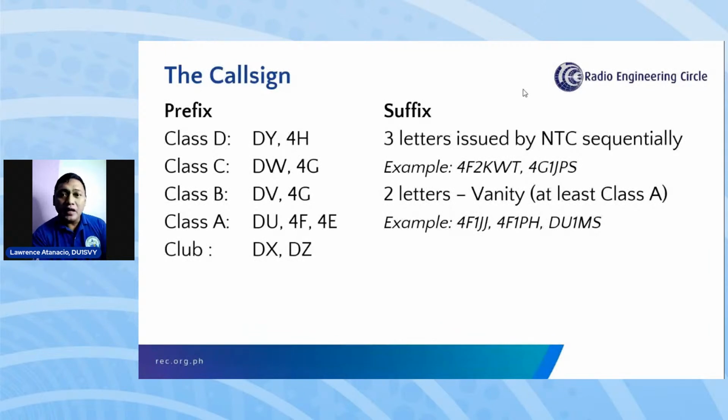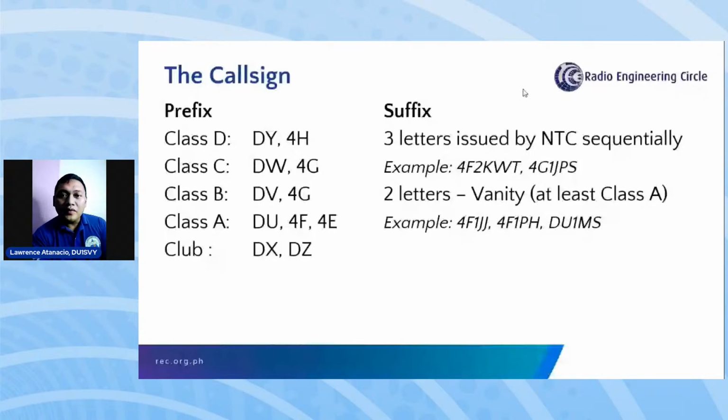But kailangan po mag-apply ka for license kasi nakapasa ka pa lang ng exam. So, kailangan mo mag-file ng license, no, para magkaroon ka ng call sign. So, for Class C is DW or Delta Whiskey, phonetic, 4G. No, ito maganda, 4G. No?